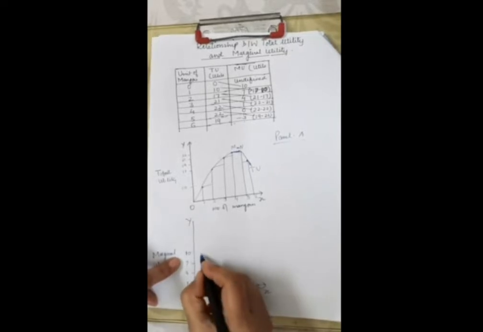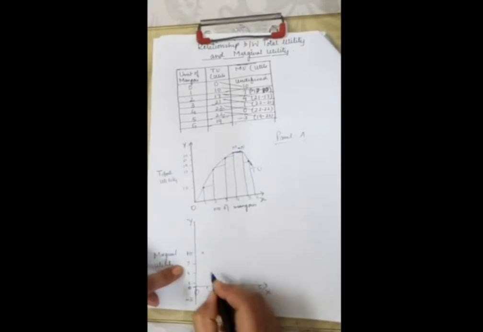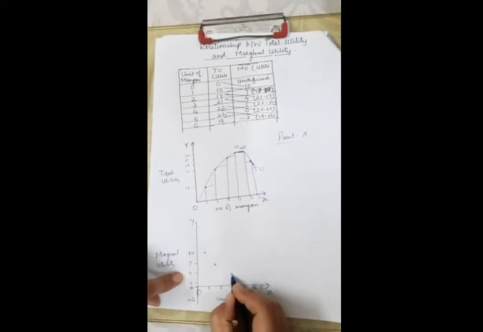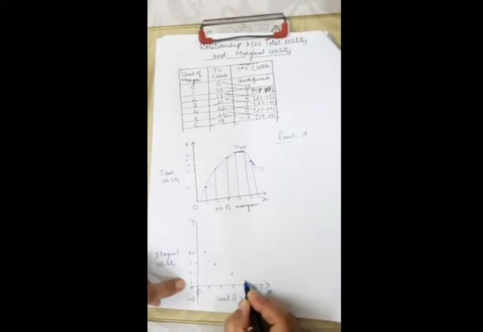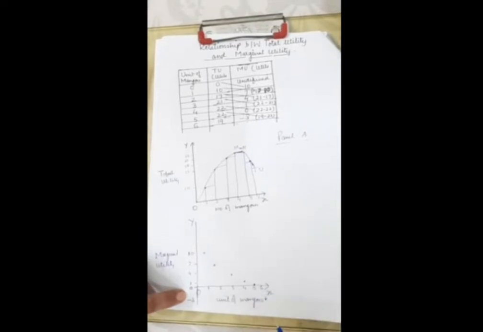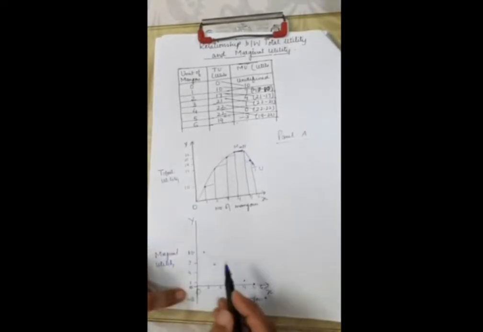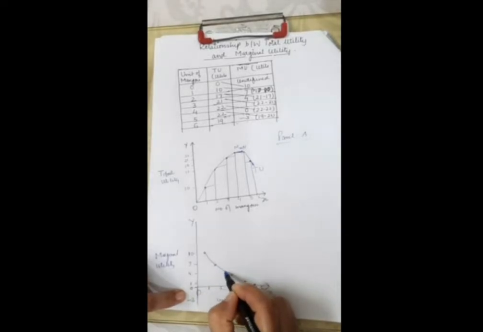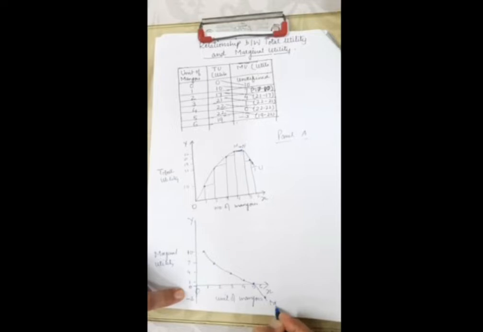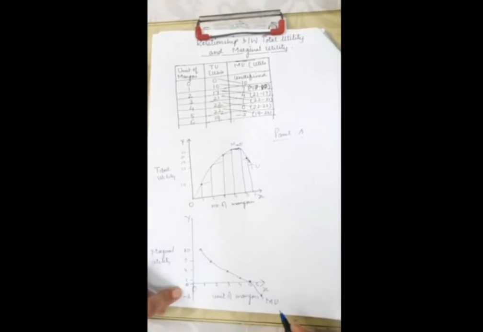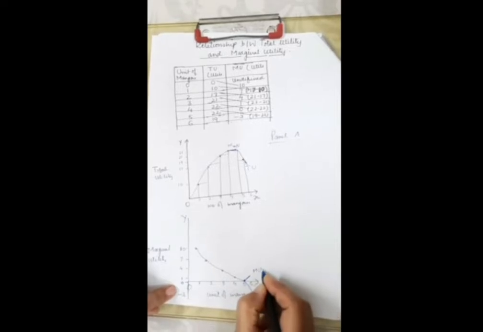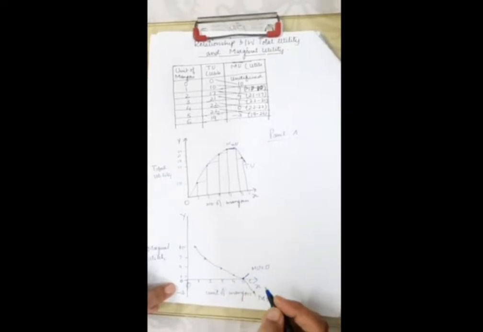First unit 10 utils, second unit 7, third unit 4, fourth unit 1, fifth 0, and then sixth minus 3. We will be joining these points again, and what we get is a downward sloping marginal utility curve. Marginal utility is equal to 0 over here, right?